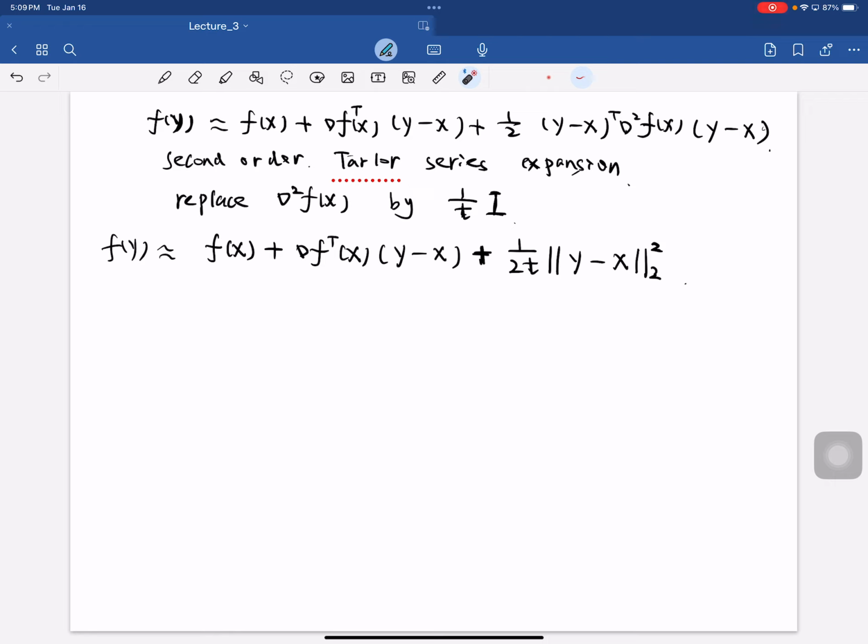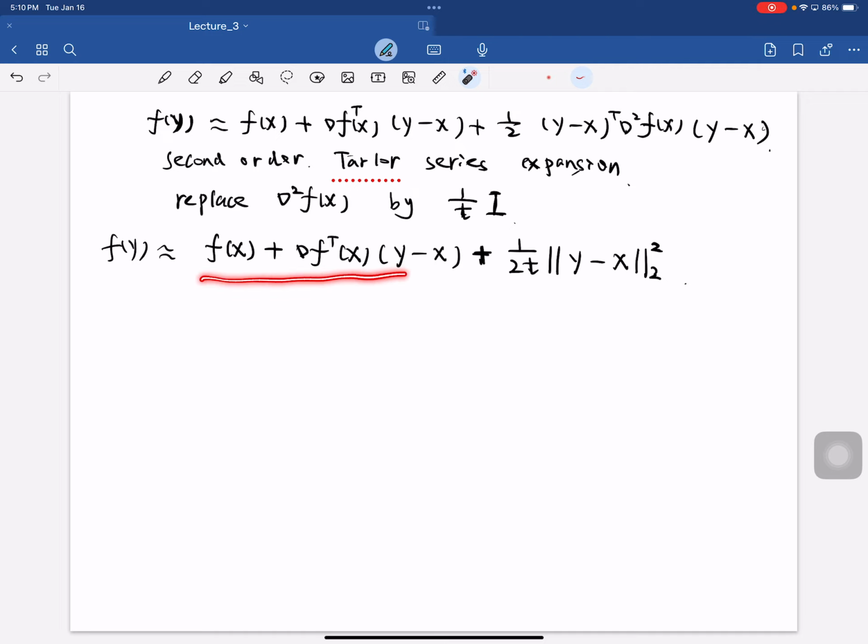And what this is, we have f(x) plus a first order approximation, right? And how do we interpret this term here? Okay. The way to interpret this term is we want to set y that is close to x.